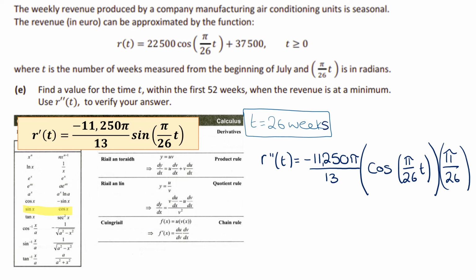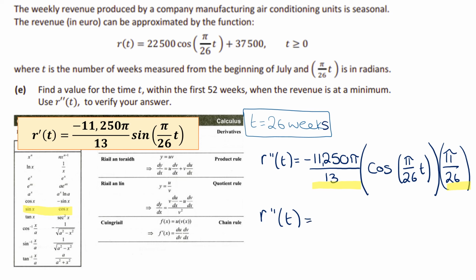You don't need to tidy this up, but let's do it just to make it look a bit nicer. So I'm multiplying these two pieces together. Again, remember the cos of the angle, that angle piece cannot change. It is stuck as it is. So any multiplication will happen in front of the cos function.